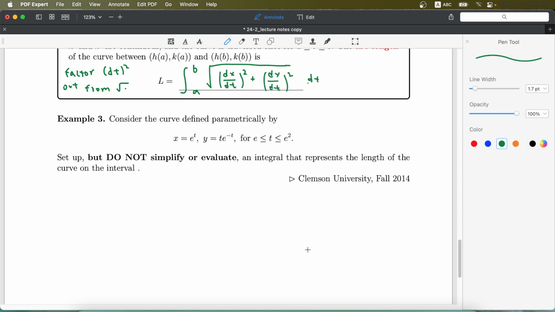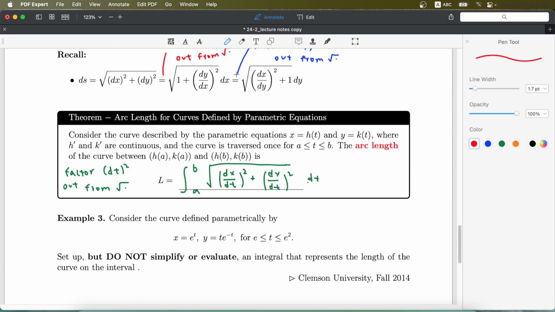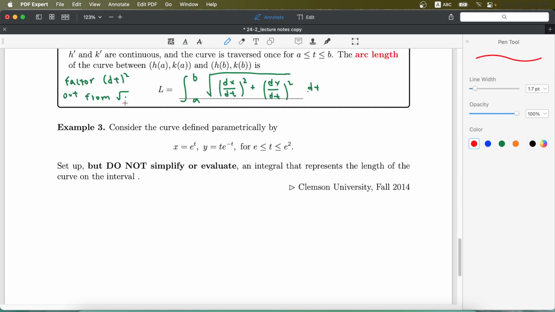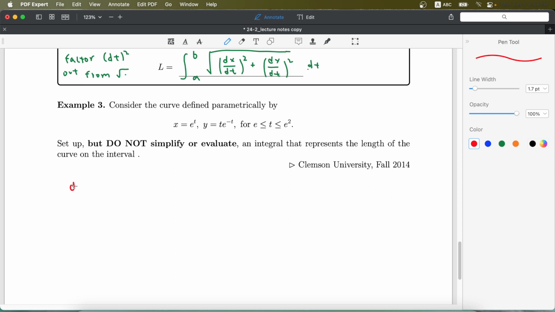Remember, we want to use this quantity, which comes from the Pythagorean theorem. So I want you to find dx over dt, which is e to the t. I will also need to find dy over dt.